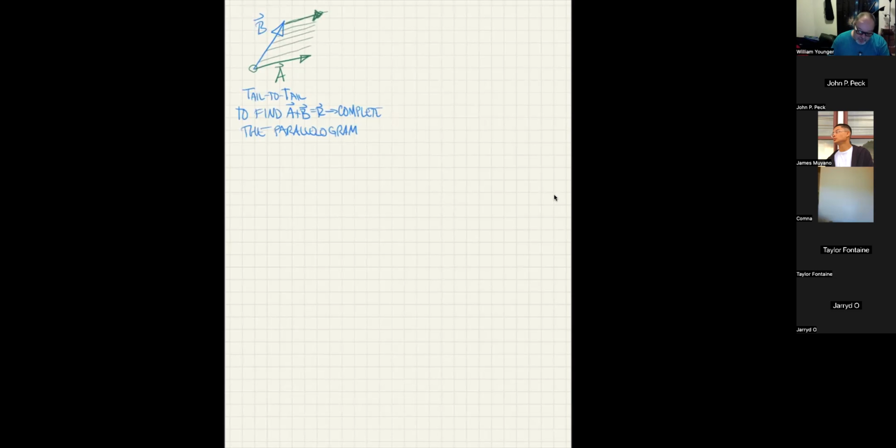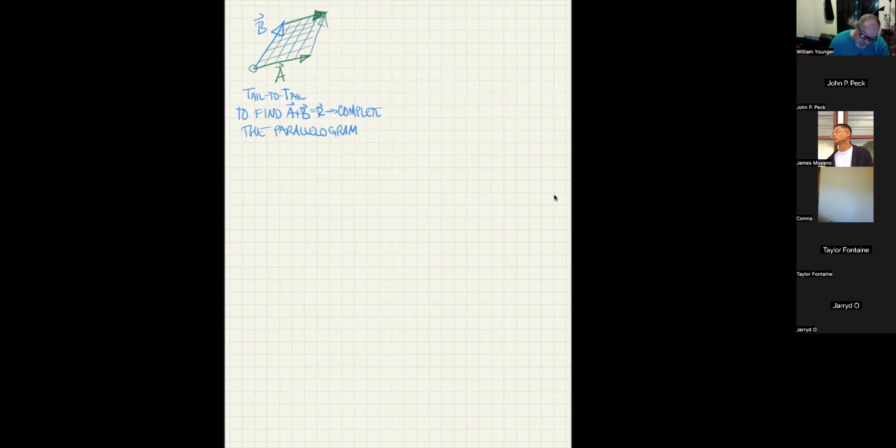Now I do the same thing with the B vector. I just imagine sliding it along. And then I realized that clearly I didn't draw the green vector long enough. Okay. And this should be roughly the right size.